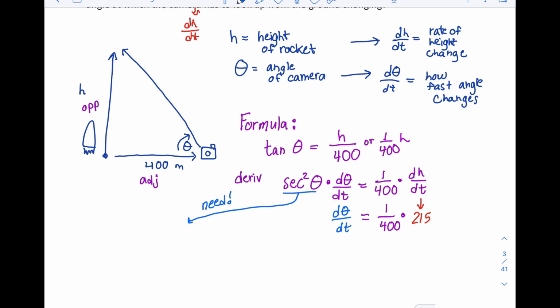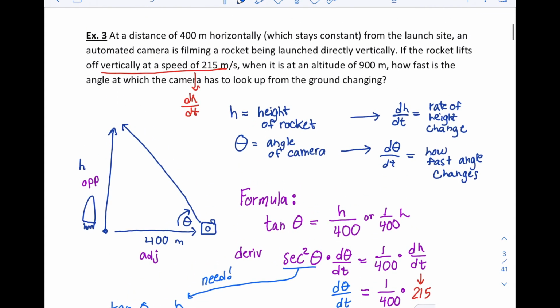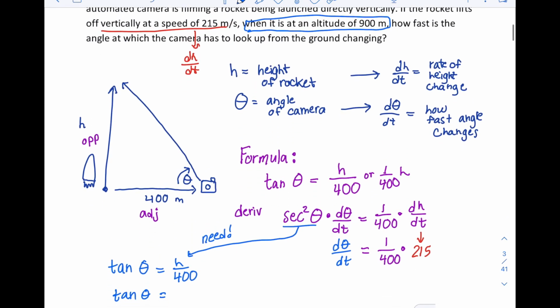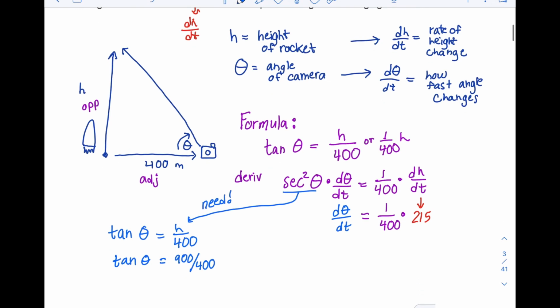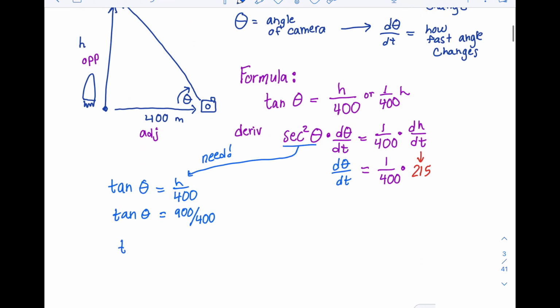If you think about the point in time that we're looking at, tangent of angle theta at this point in time is h over 400, where h is, as it says up above, 900, because we're looking for the rate of our camera angle when our rocket has an altitude of 900. So if I plug in 900 for my height, I can find my angle theta at this point in time by doing a little inverse tangent, arctangent.